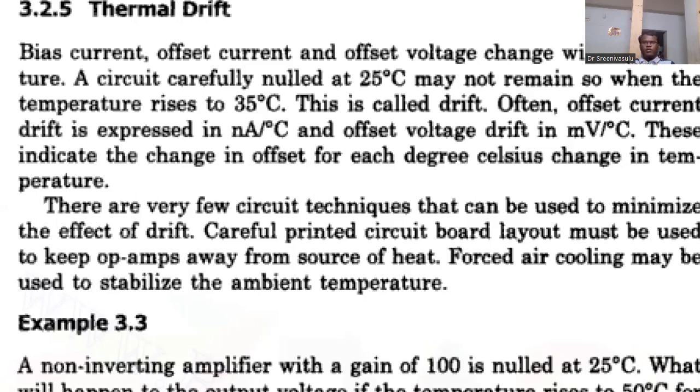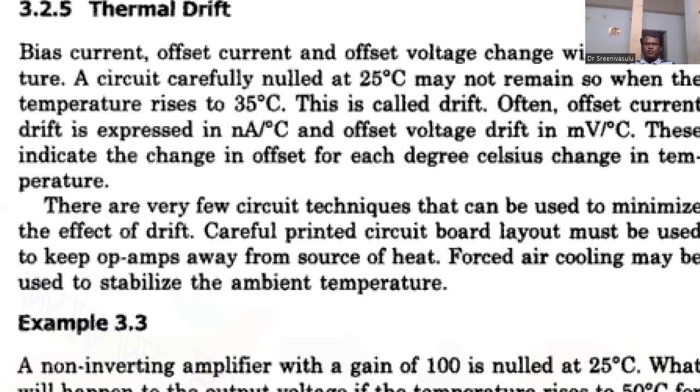When V1 and V2 are grounded, the output voltage is going to be 0 for a practical op amp at 25 degrees centigrade. The same characteristics are not maintained at 35 degrees centigrade, because the transistor parameters are affected by the temperature. So this is called thermal drift.